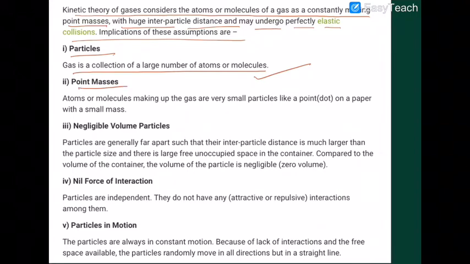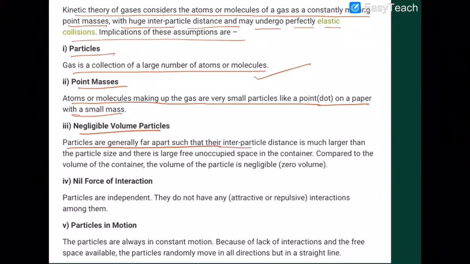Point masses: atoms or molecules making up the gas are very small, like a point on paper. Negligible volume particles: particles are generally far apart, such that their interparticle distance is much larger than the particle size.